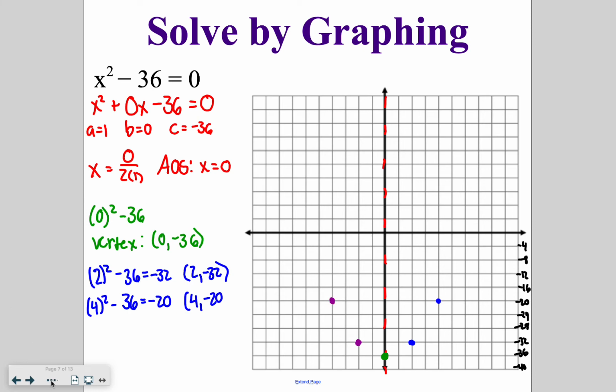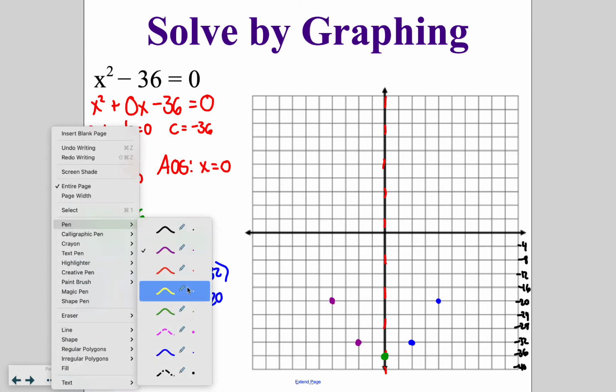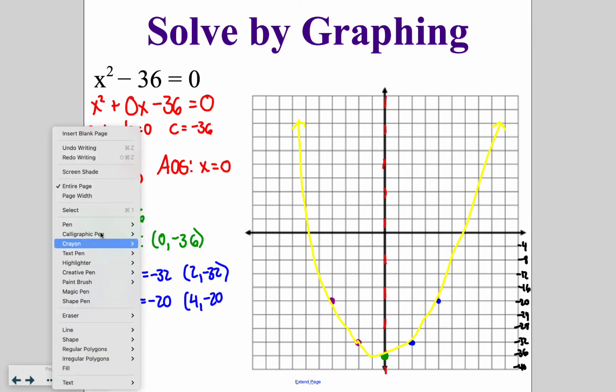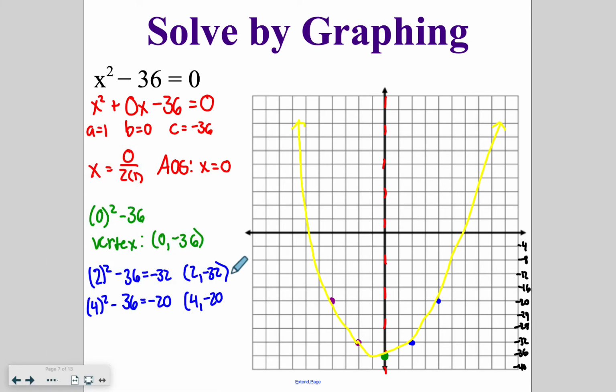So now we need to go ahead and connect our curve. We want to make sure this is as smooth as possible. So I'm going to go ahead and connect here and draw that continuing to go up, and connecting my other side, drawing that to continue to go up. I am now looking for where my graph crosses that x-axis.